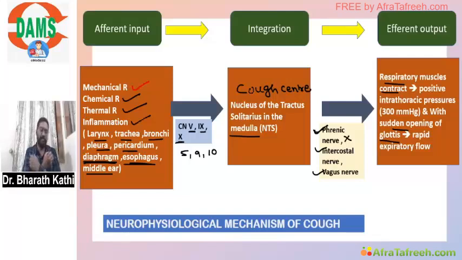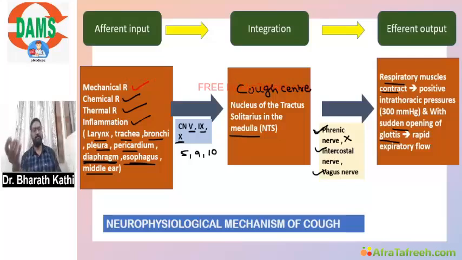Once the muscles contract, there will be excess pressure in the thoracic cavity. Once that pressure increases, there can be sudden opening of the glottis. To decompress that pressure, air will come out at a very rapid flow. So this rapid expiratory flow is nothing but cough. So this is the mechanism.